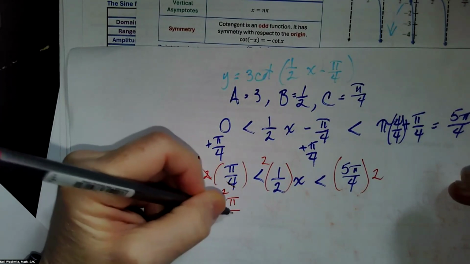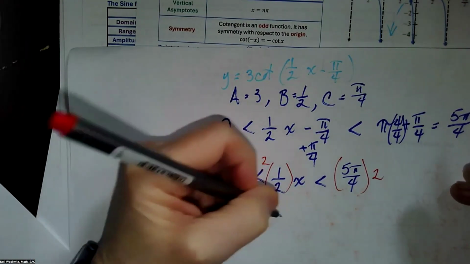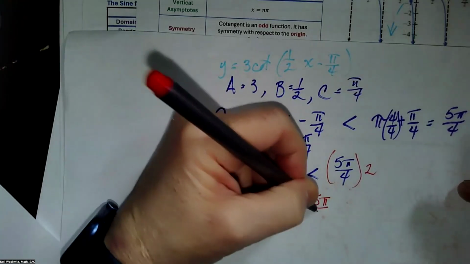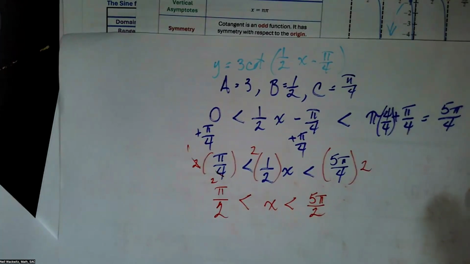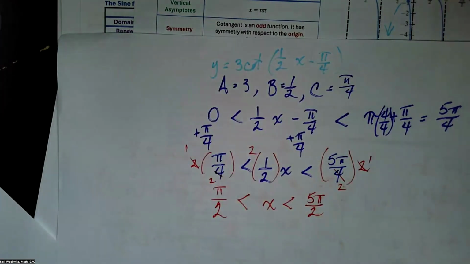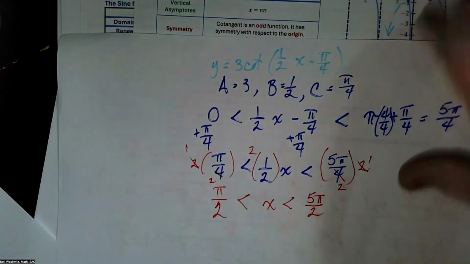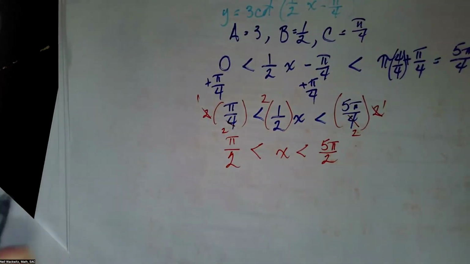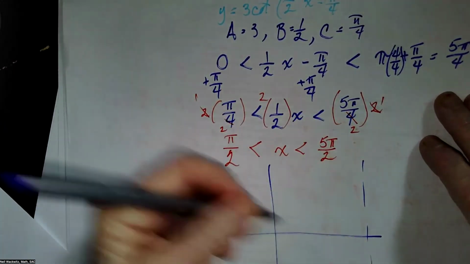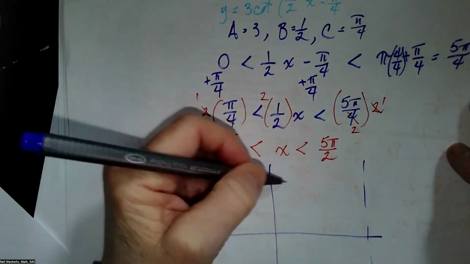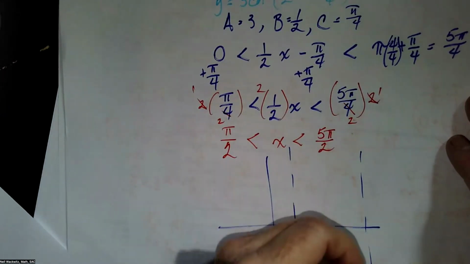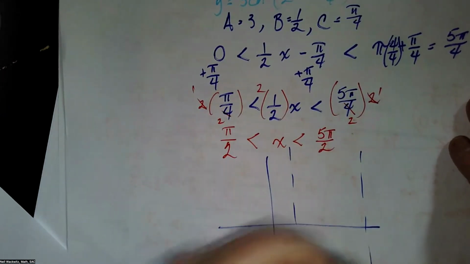We have pi over 2 on the left and 5 pi over 2 on the right. Is that right? Looks right. Groovy? So now we've got pi over 2, 5 pi over 2.